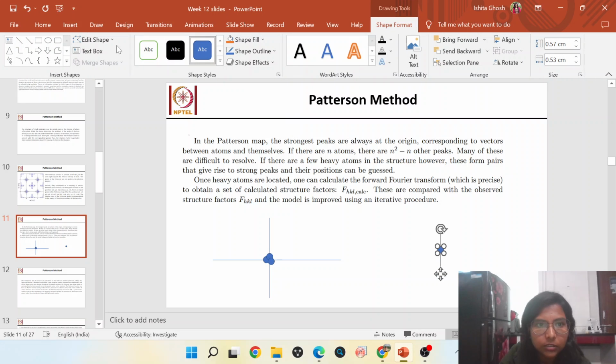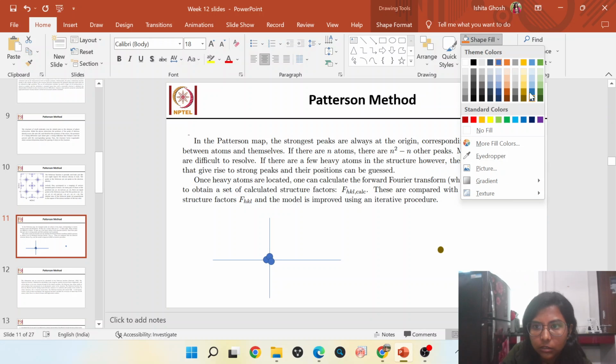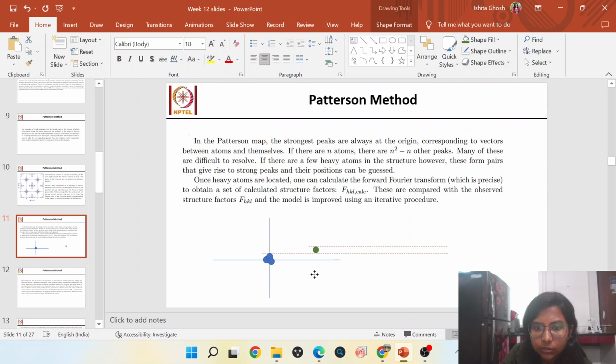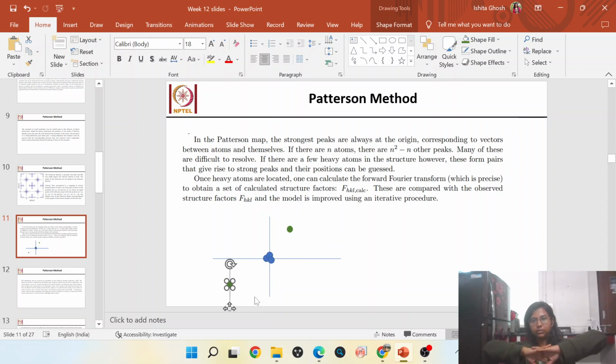So for example, I'm changing the color, if this is my 1 to 2 vector, then my 2 to 1 vector will come exactly at the opposite. So actually this Patterson map is always centrosymmetric. You should always remember this. Irrespective of whether the crystal structure is centrosymmetric or not, the Patterson map is always centrosymmetric.